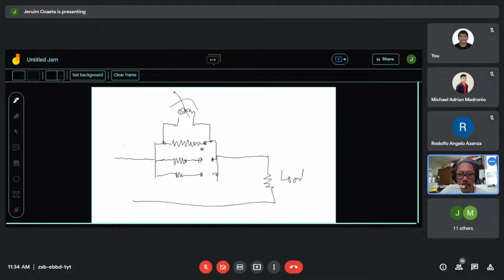You call this a shunt resistor. So this is the voltage at the source, E.